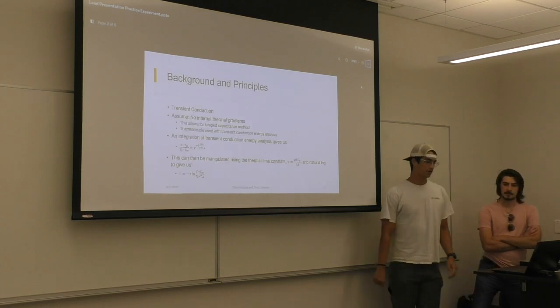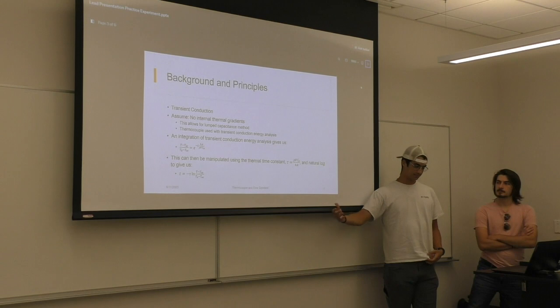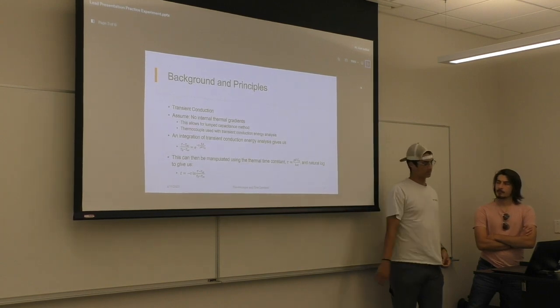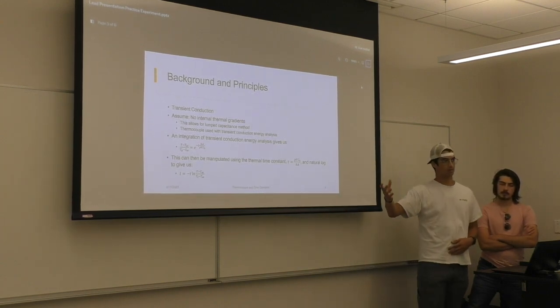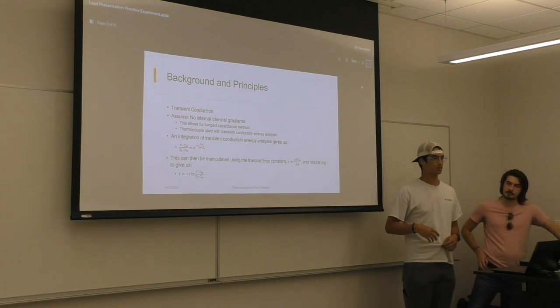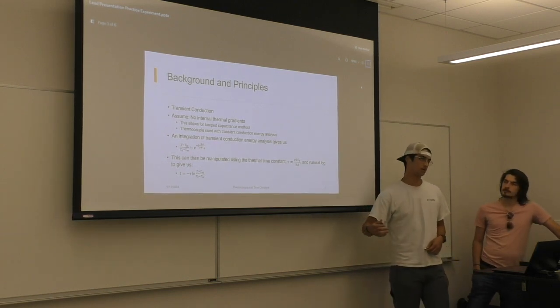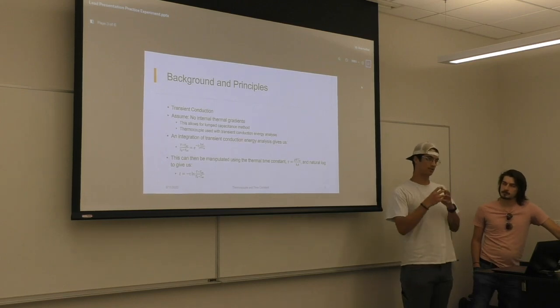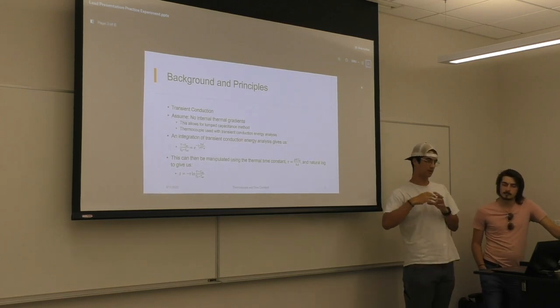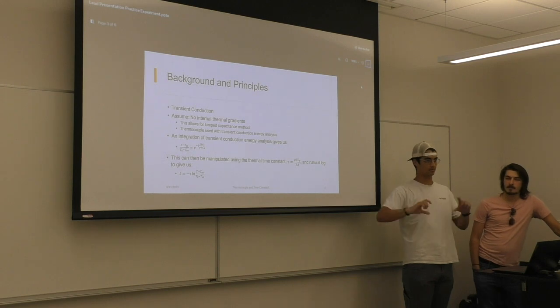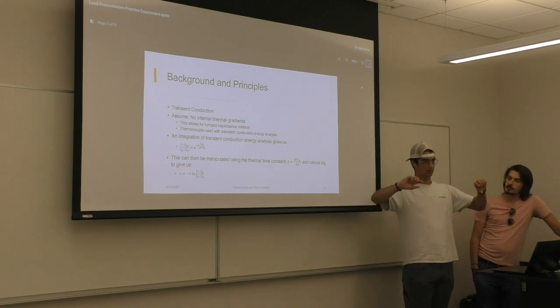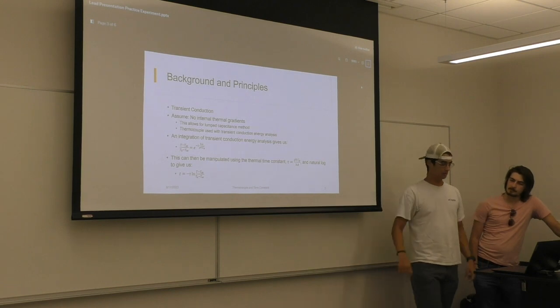So the background of it is that, as he said, with the Biot number and the Fourier number being below certain values, you're allowed to use the lumped capacitance method, which says that the temperature difference between something that's being heated on the outside is distributed equally throughout, instead of being more contained within the center and less on the edges.